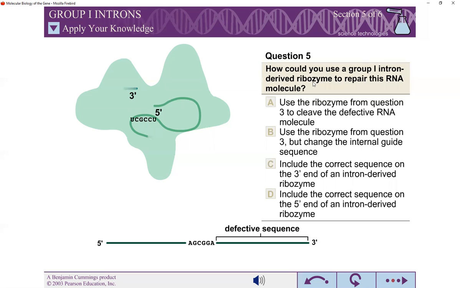We have to use a ribozyme in order to repair this defective sequence. Use the ribozyme from question 3 to cleave the defective RNA molecule. Use the ribozyme from question 3, but change the internal guide sequences. Include the correct sequence on the 3' end of the intron-derived ribozyme. Include the correct sequences on the 5' end of an intron-derived ribozyme.